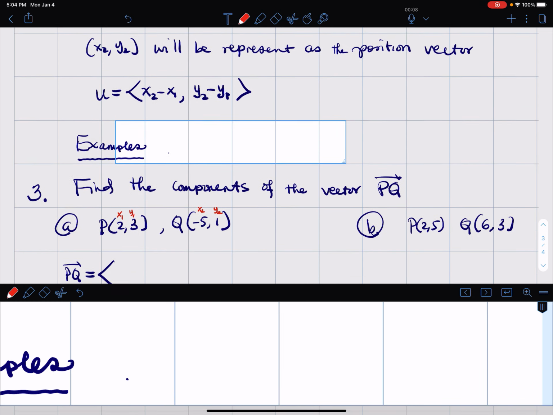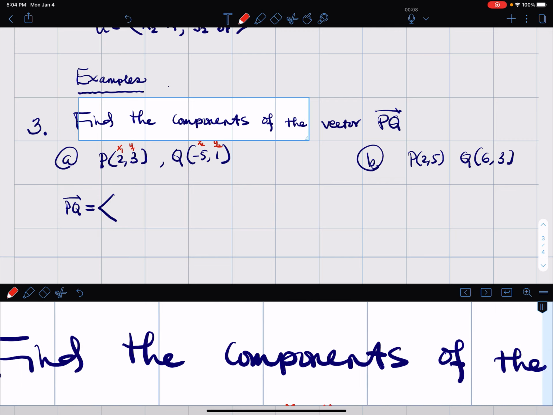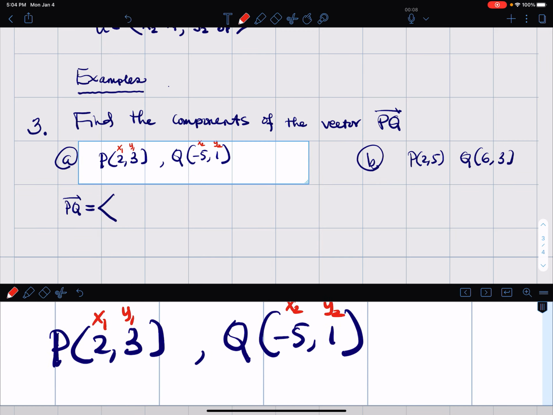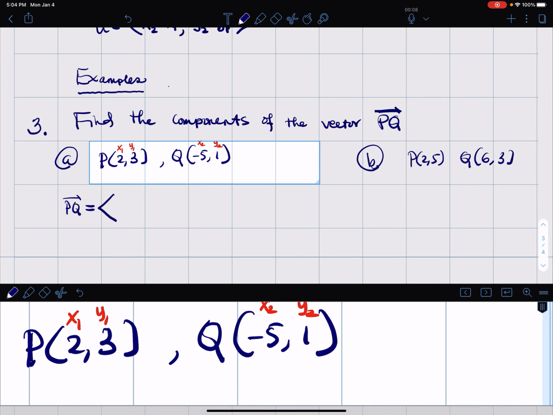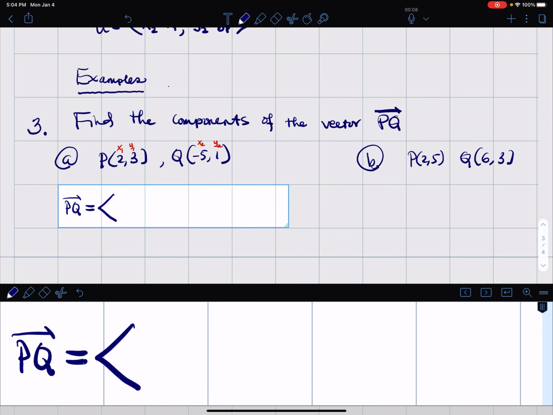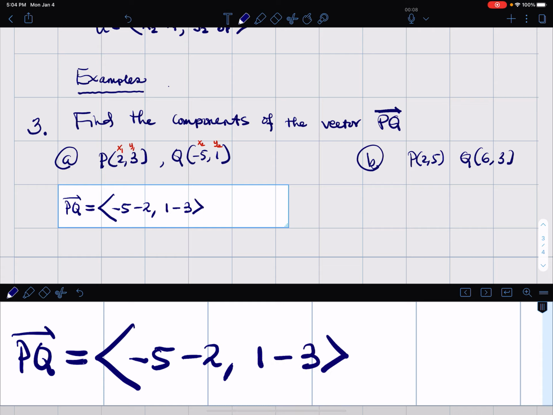All right. So let's do some examples. Let's find the components of the vector PQ. So the vector has its tail at a point P and its head at a point Q. So the vector PQ would be x2 minus x1, negative 5 minus 2, and then y2 minus y1, 1 minus 3, right?